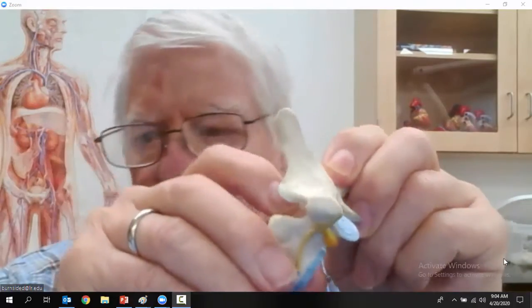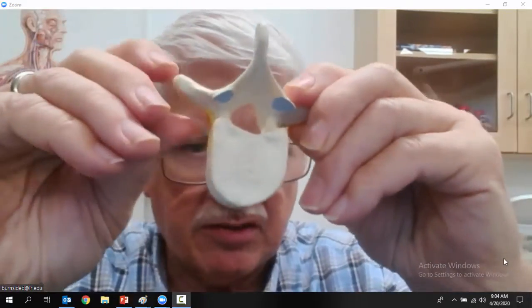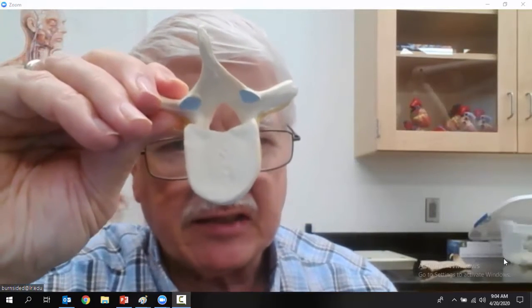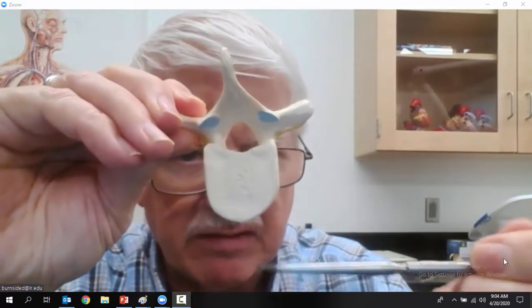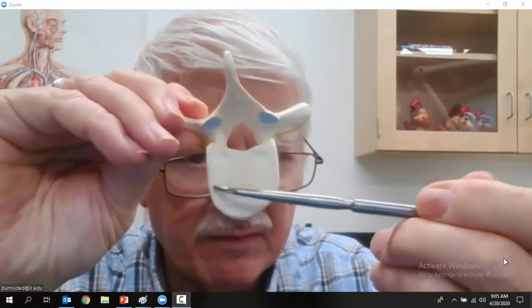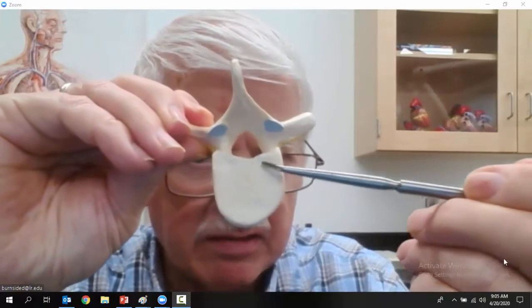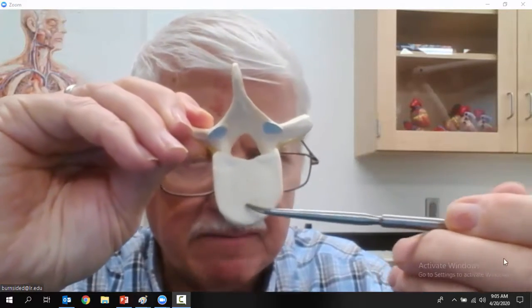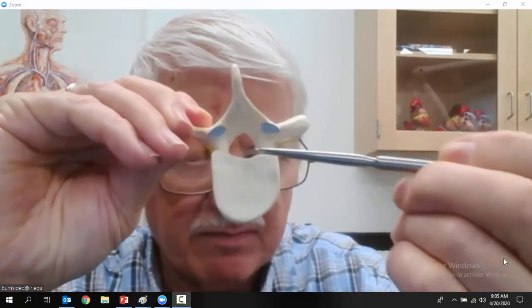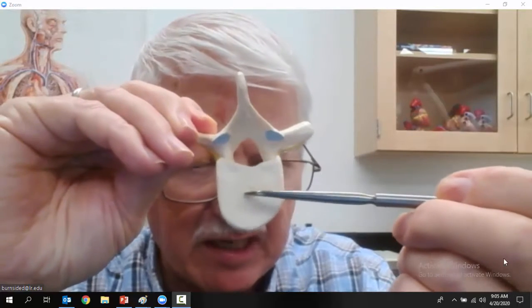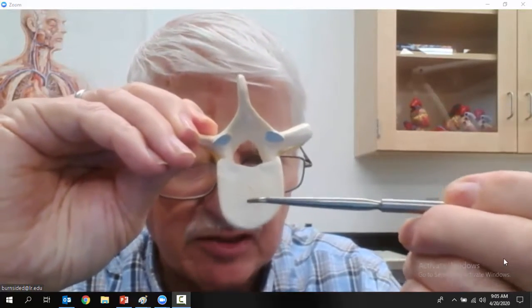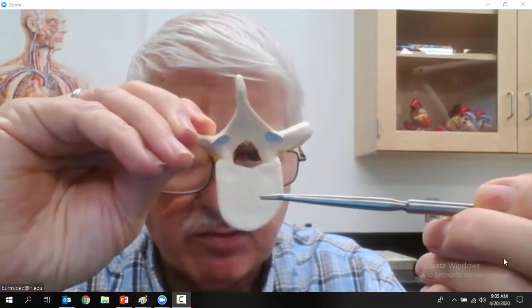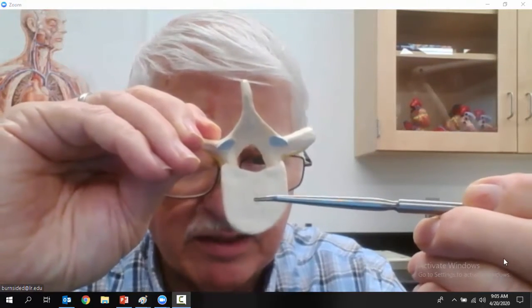The first thing that you should notice is that all of the vertebrae except the atlas, we'll be looking at the atlas in a minute, all of them have this big structure right here, which is called the body of the vertebra. When we look at the atlas, you'll see that it does not. And there's a reason, and we'll talk about that when we get there.